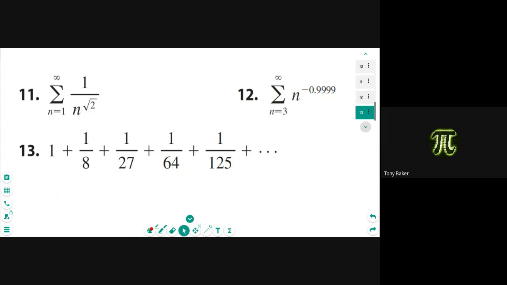I want you to write down on your paper 3 letters, C's and D's, for convergent, divergent, nice and quick. If you get all 3 of them correct, you're done. You can go home. If you don't get all three correct, you have another problem to do.